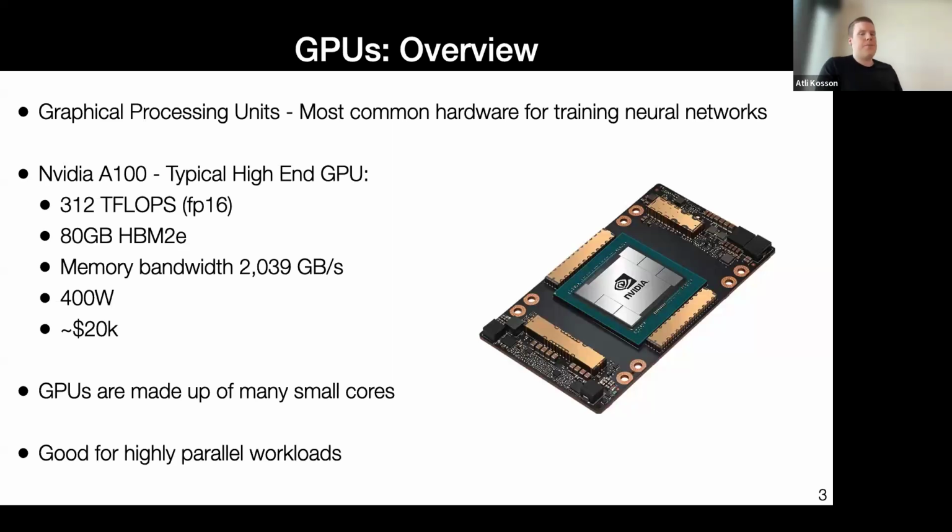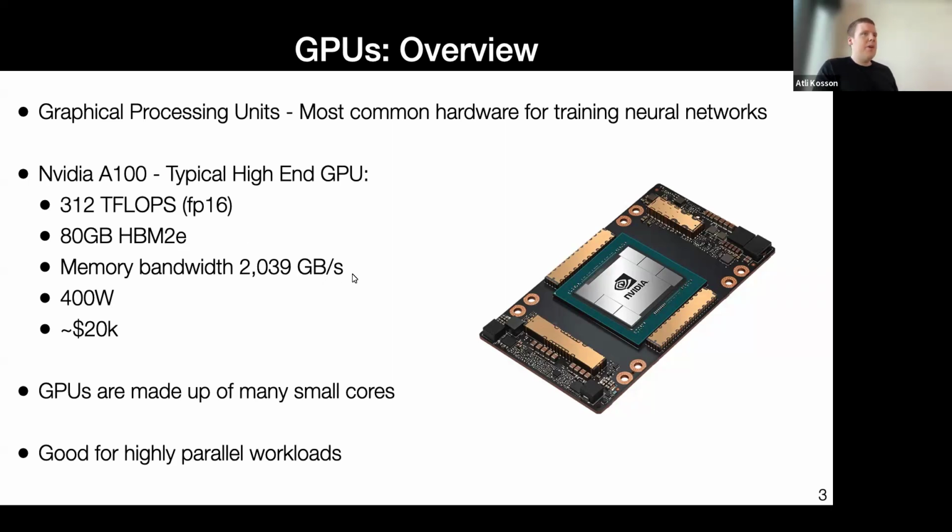The performance of a single GPU is pretty high nowadays. This A100, for instance, can do 300 teraflops of operations per second. That's roughly 300 trillion operations per second in these specific floating point formats that we'll talk about later. Each GPU nowadays has lots of memory, like 80 gigs in this case.